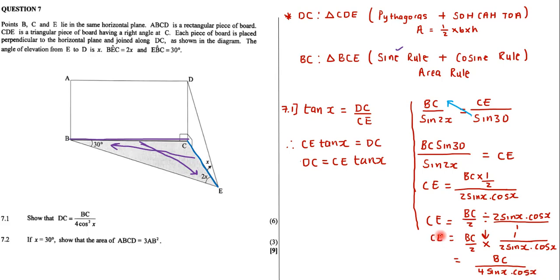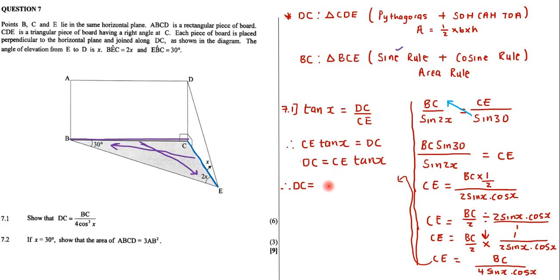Now remember, this is an expression for CE. Okay, now how do I then solve for DC? So now, just not to waste space, I'll just take this and put it here and continue with my work here. So then DC is going to be equal to, I know the value for CE.